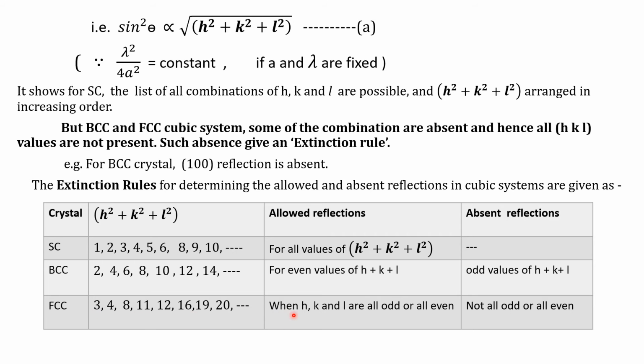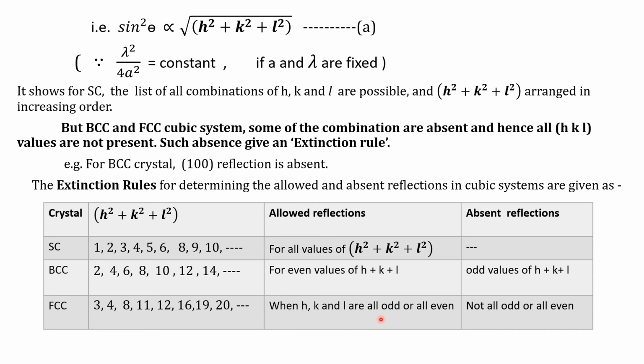Under FCC, allowed reflections include when h, k and l are all odd. For example, h is 1, k is 1, l is 1. Such a reflection is allowed, and the sum of squares we get is 3.